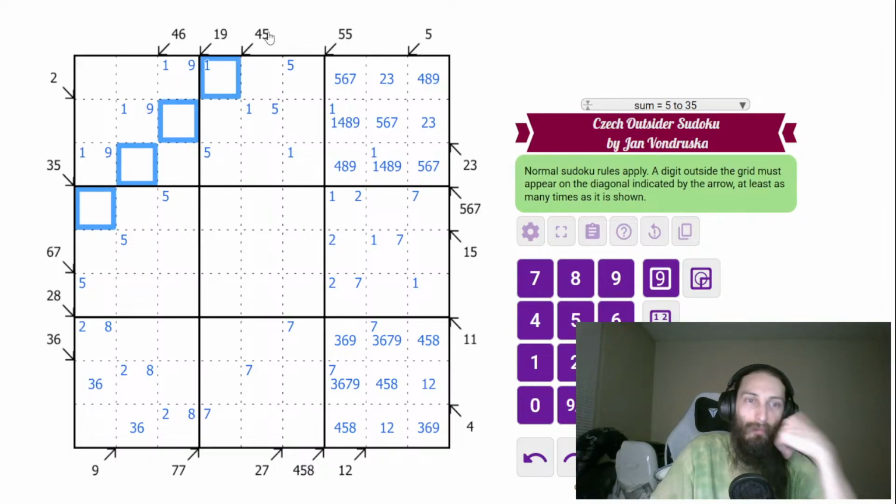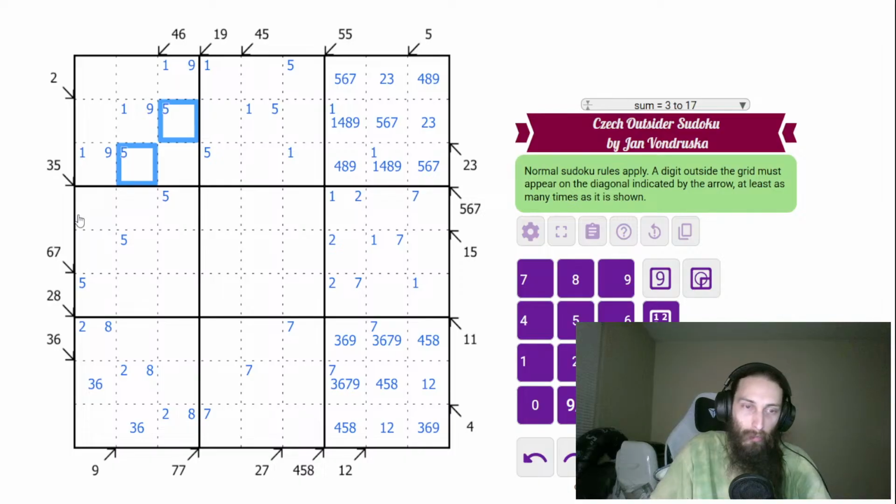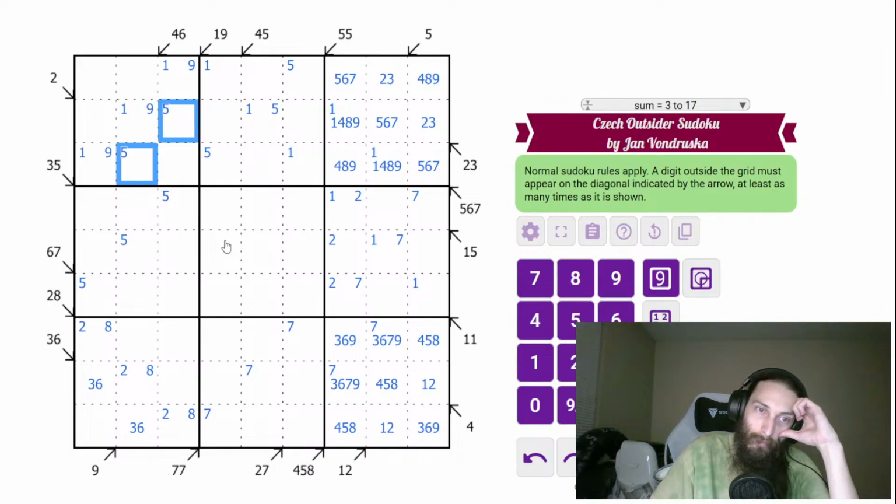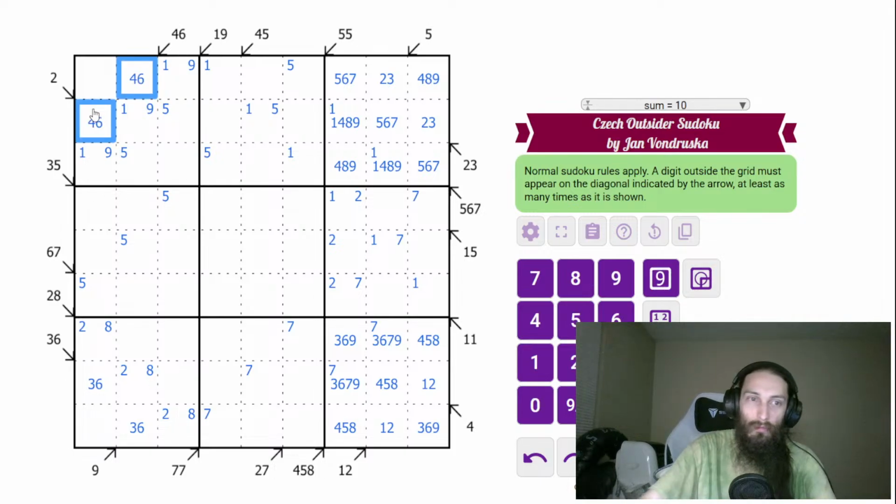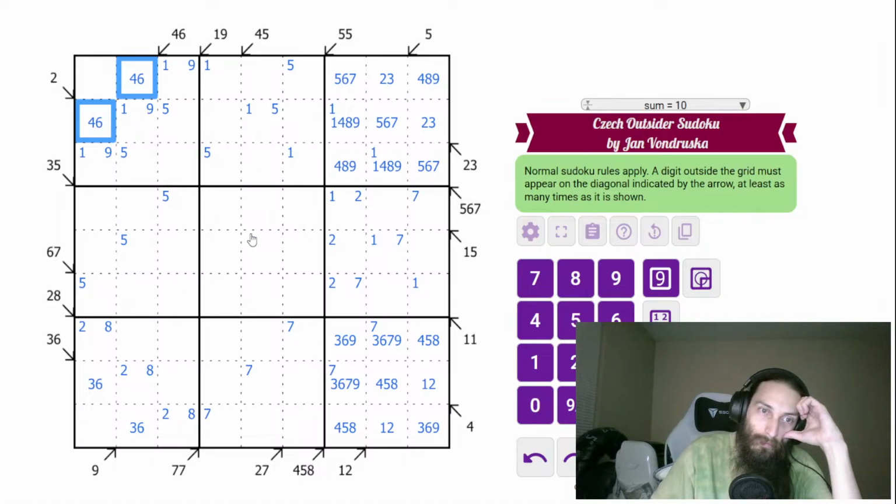Okay, the 5 from the 4 5 can't be in those two. So it has to be in these two, in boxes 2 or 4. Oh, box 1 has a 4 6. And the 6s form an X-wing with box 7.